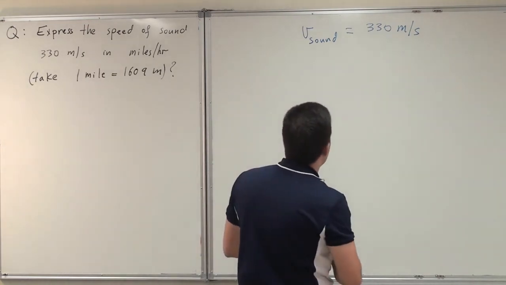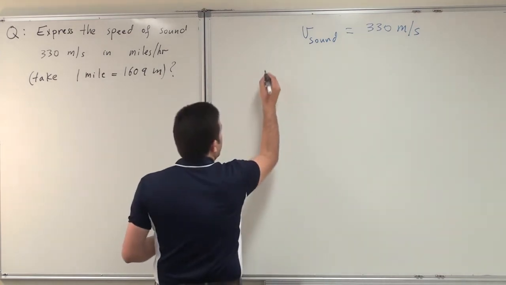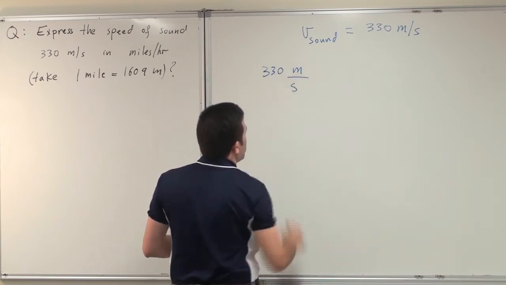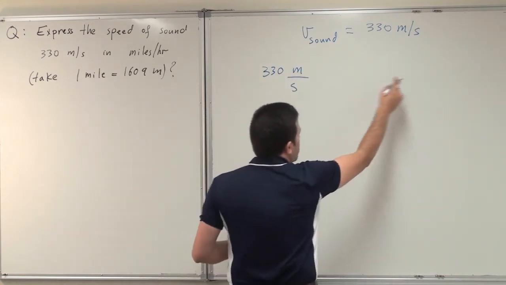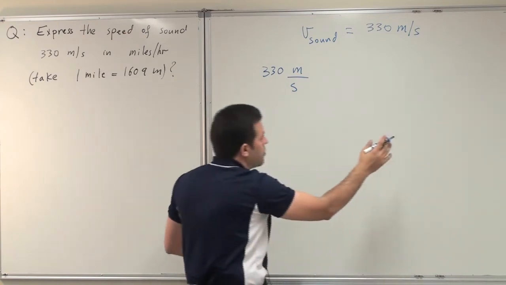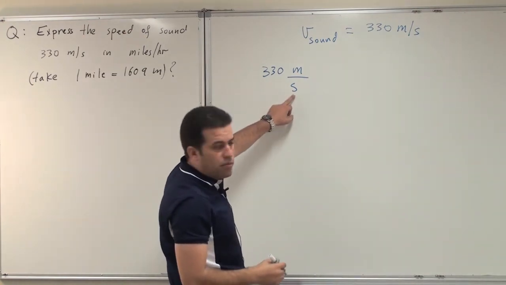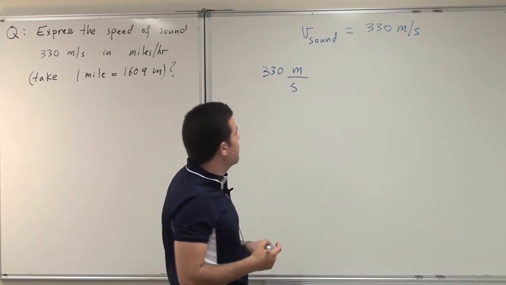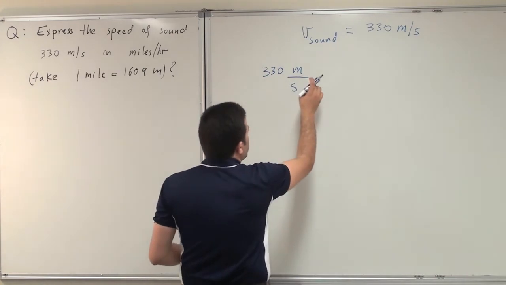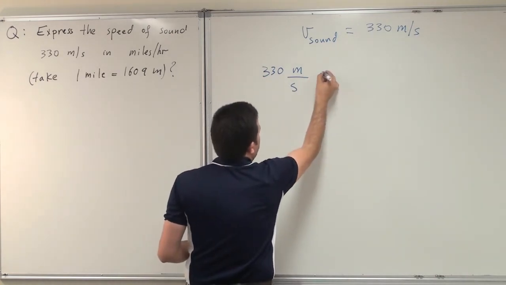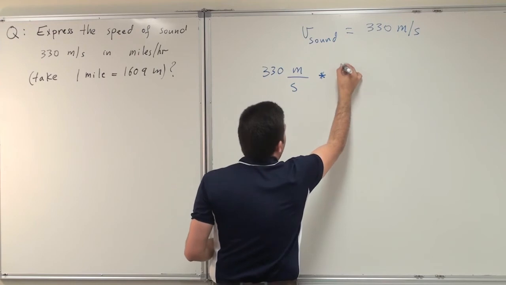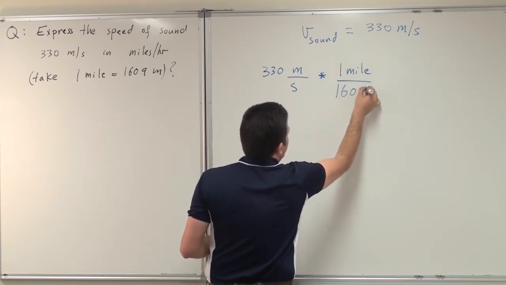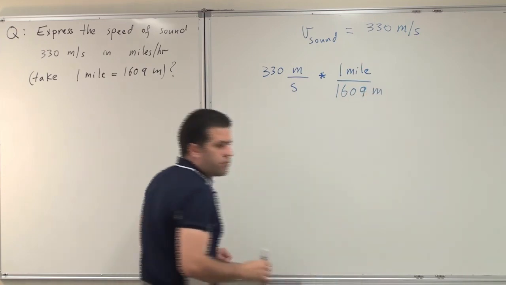So I can start step by step, and say that 330 meters per second, to go all the way to miles per hour, I need to convert the time into hours, and I need to convert the distance into miles. The conversion of distance is very simple. This is the unit conversion: 1 mile equals 1609 meters.